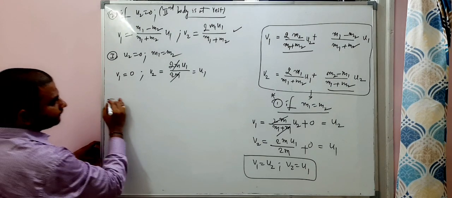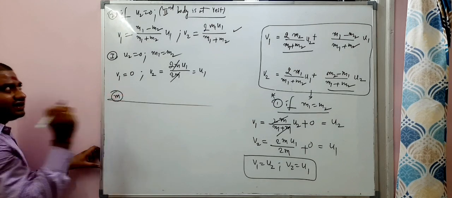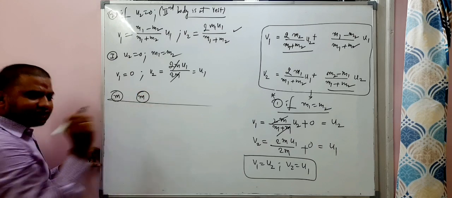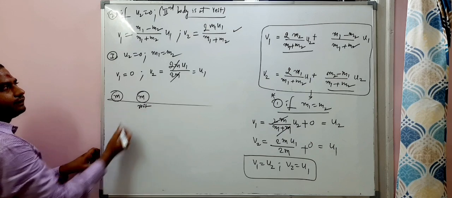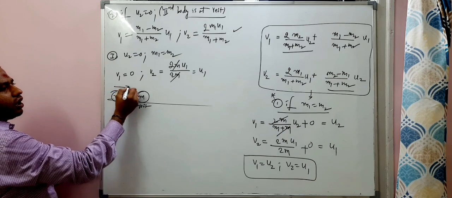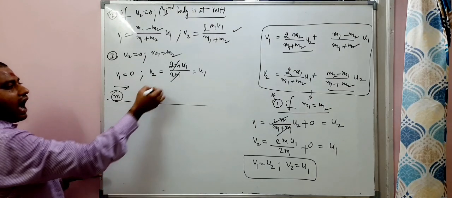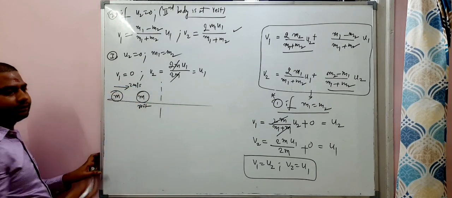So what you should understand here? Observe. This is the first body of mass m. The second body is also of mass m. This body is at rest and this is moving. After the collision, imagine it is moving with 2 meters per second.